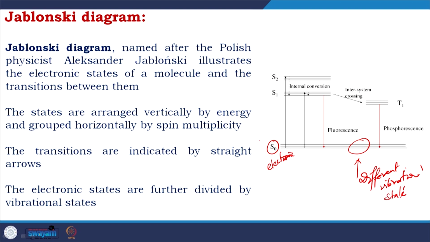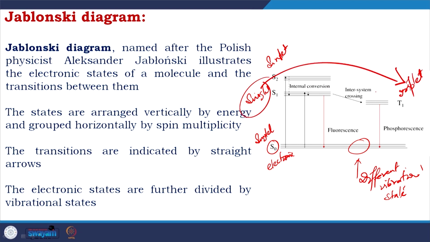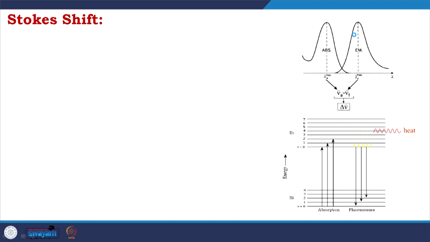This is singlet, singlet, singlet, and this is triplet. So, if singlet goes to triplet and then comes back, this is interconversion. That is the total phenomenon.